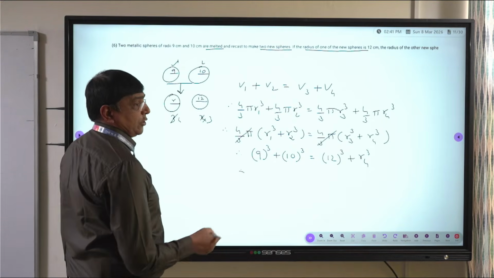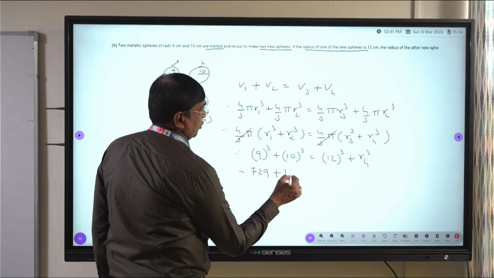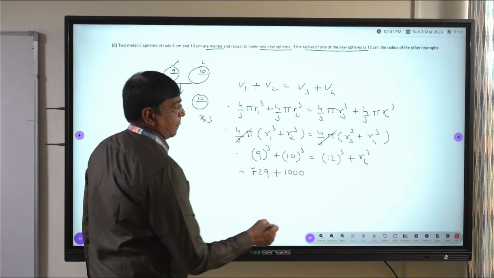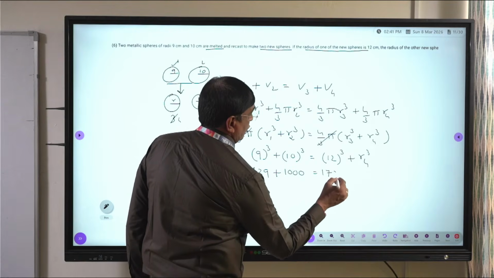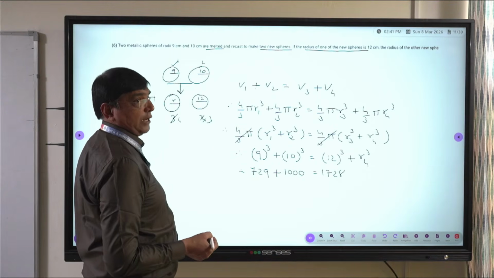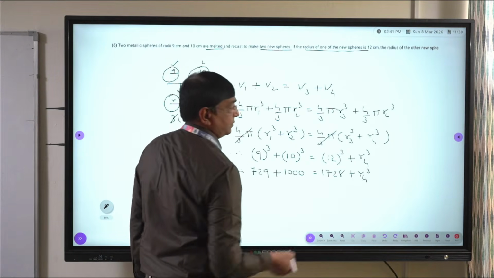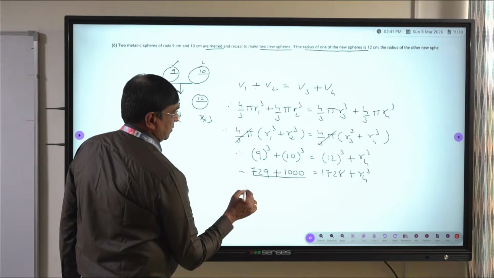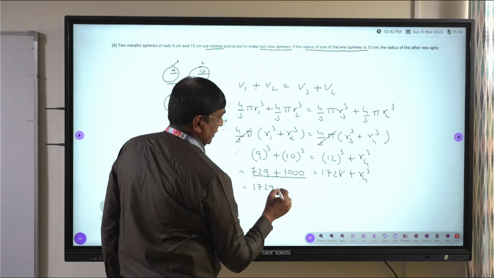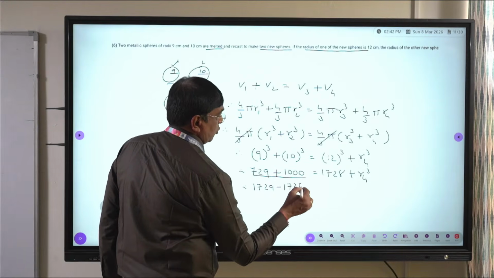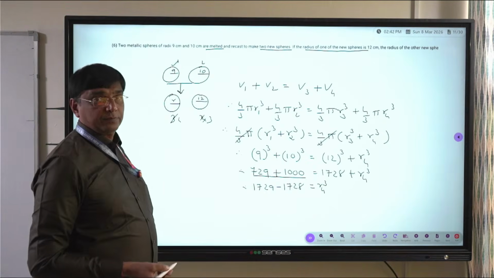Therefore 9 cube, तो 729. 10 cube, तो 1000. 12 the cube, it is 1728. 12 into 12 into 12 plus r4 the cube. दोनों का एडिशन 1729 minus 1728 equals r4 the cube.